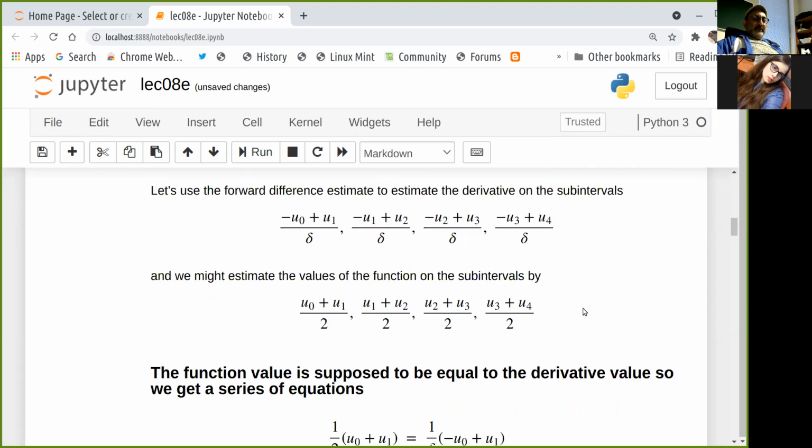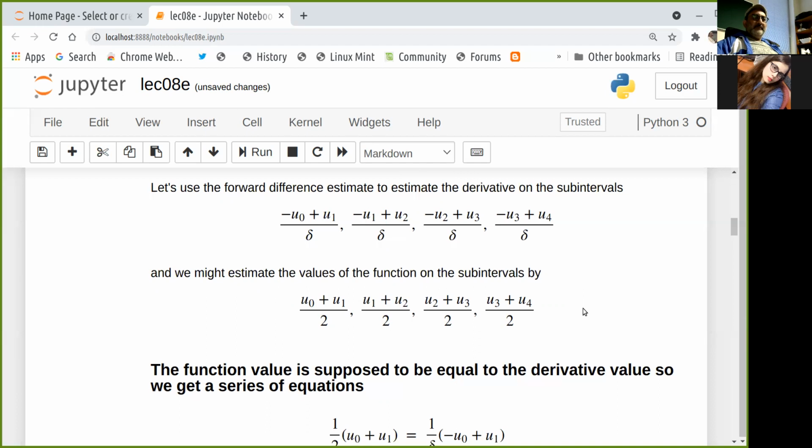And we know we can have some choices about what these are supposed to be equal to, the approximated function. The first one we could set equal to u0 or to u1 perhaps. So I chose to use an average, u0 plus u1.